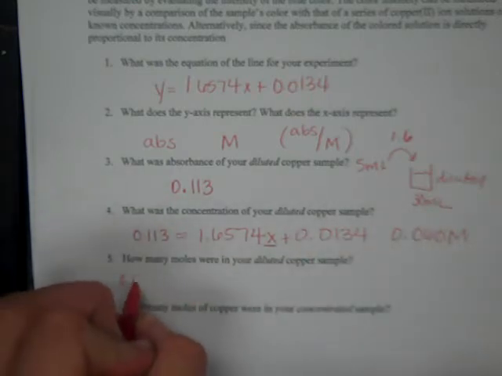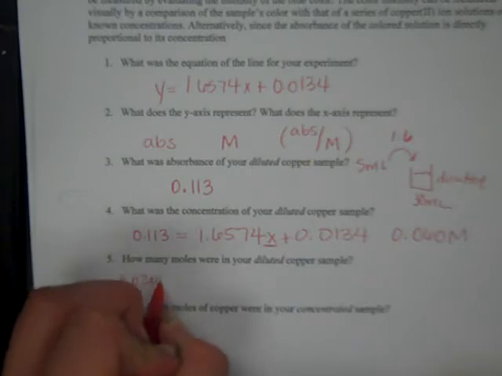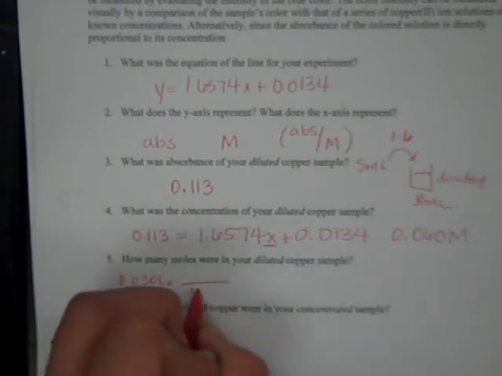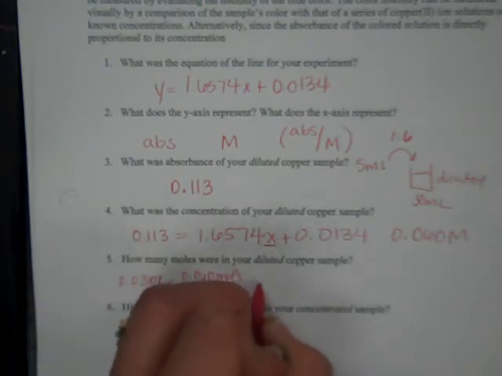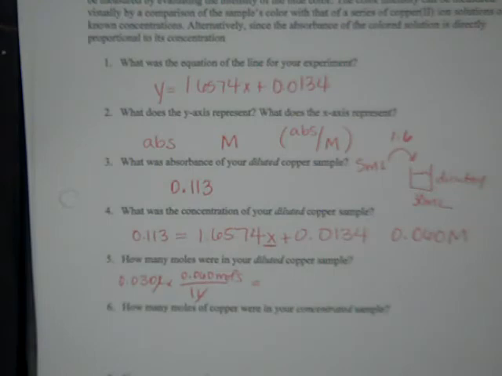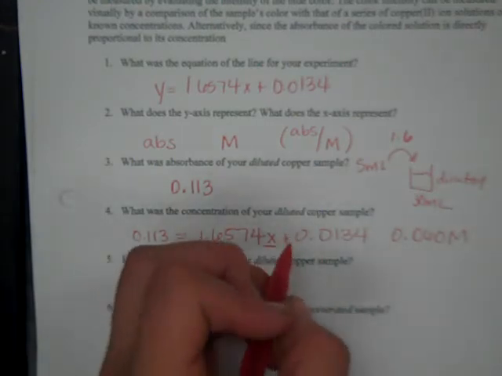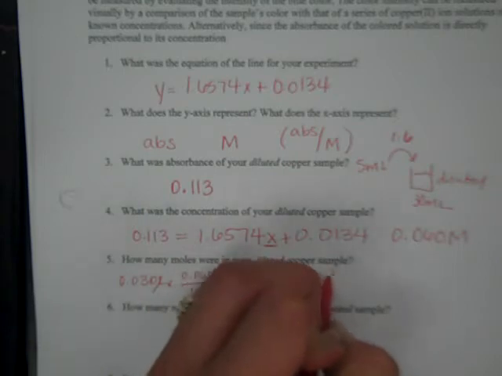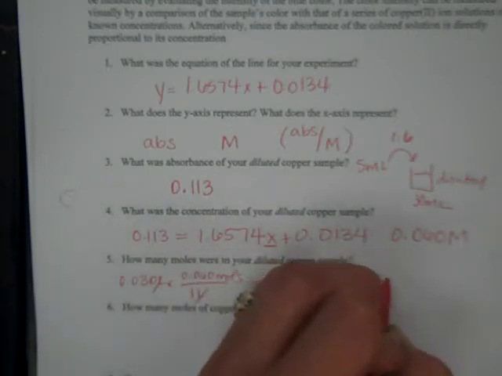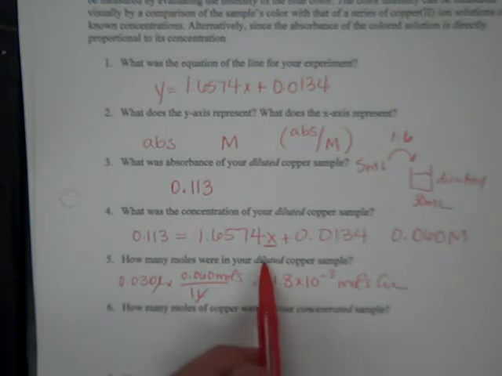So 0.03 liters times my concentration would give me moles. So I got 1.8 times 10 to the negative third moles of copper in my diluted sample, the sample that I made for you today in class.